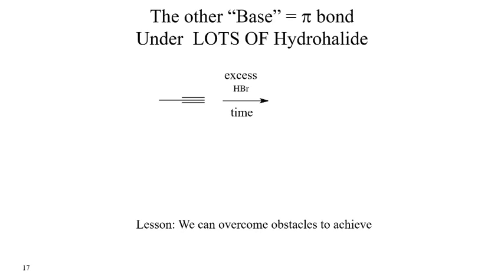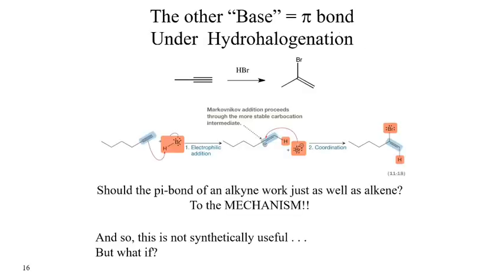And we give it a bit of time. So we can overcome the obstacles of the very high energy sp2 carbocation that we said we weren't allowed to form before. We're allowed to do that if we just shovel stuff at this and give it enough time to force through.